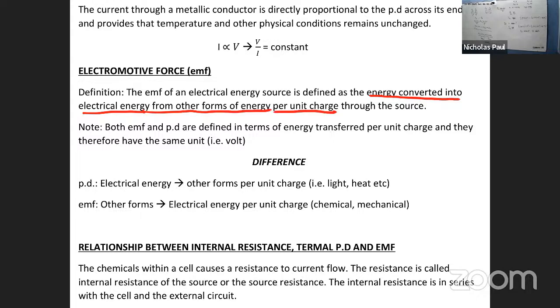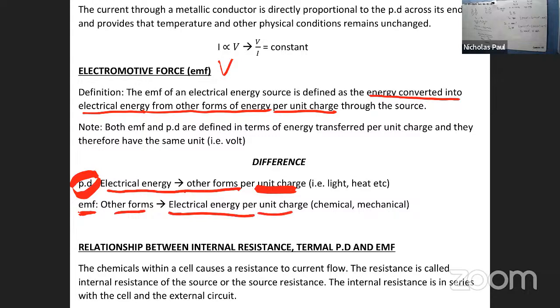Remember, EMF is like the total energy being supplied; it comes from the supply, from the source. So potential difference is when electrical energy is converted to other forms per unit charge, while EMF is other forms converted to electrical energy per unit charge.